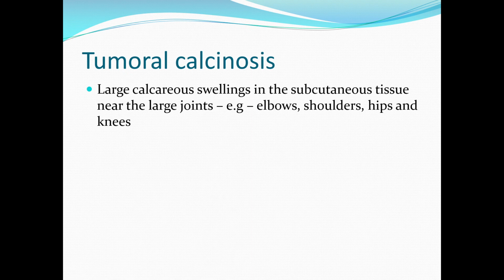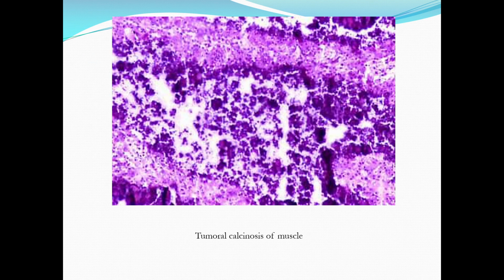Tumoral calcinosis is a large tumor-like swelling in the subcutaneous tissue near the large joints, elbows, shoulders, hips and loins. This is tumoral calcinosis of muscle. You can see deposition of calcium inside the muscle tissue. Again, skin nodules show tumoral calcinosis.